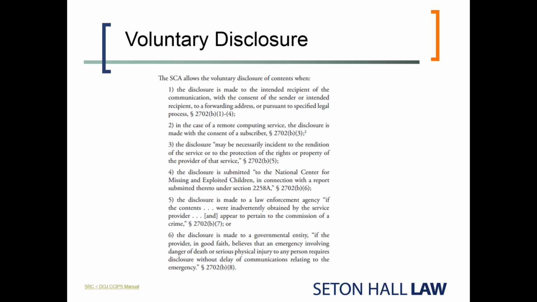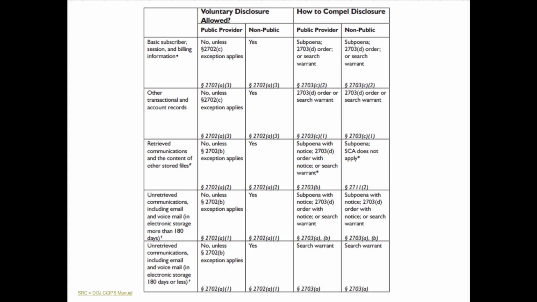And if the authorities simply contact the provider and say, we've got information this person's going to commit suicide, we need to know who it is, you don't have to go through the trouble of getting a court order.